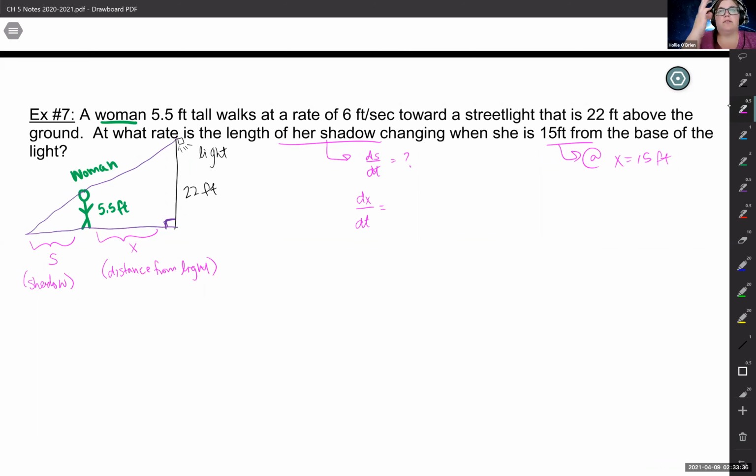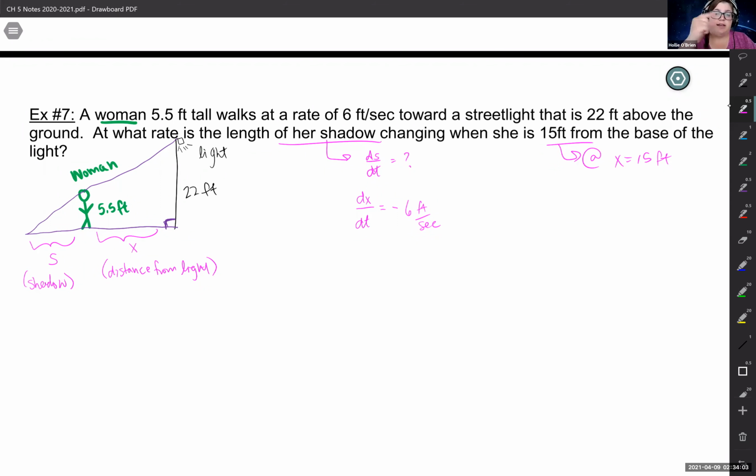From our perspective, she's getting further from the origin, but she's getting closer to the light. The issue is x is defined to be the distance she's away from the light. So as she walks, she's decreasing the distance to the light. That's why this is going to be negative 6 feet per second, because she's getting closer to the light, which means x is shrinking.